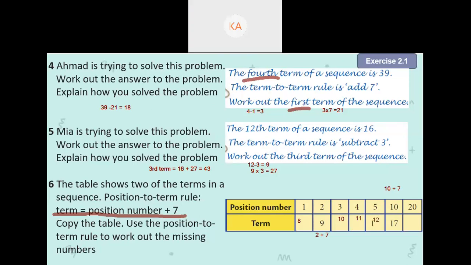And now what about the 20th term? 17, 18, 19, 20, 21, 22. No need to do it. Do not calculate it one by one. Use the position to term rule. It says position number plus 7. If it is the 20th term, the position number is 20. 20 plus 7, it will be 27.